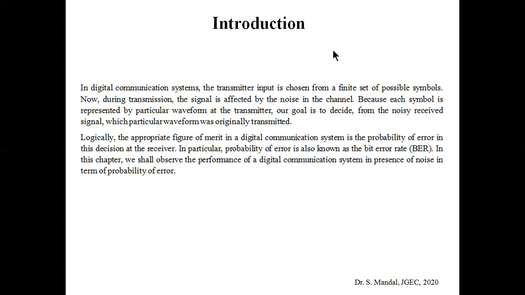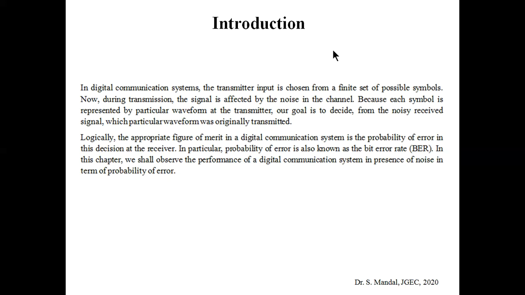So we shall try to figure out what will be the probability of error for a particular type of receiver. This probability of error is also known as bit error rate or BER, and this denotes the figure of merit for a particular digital communication system.